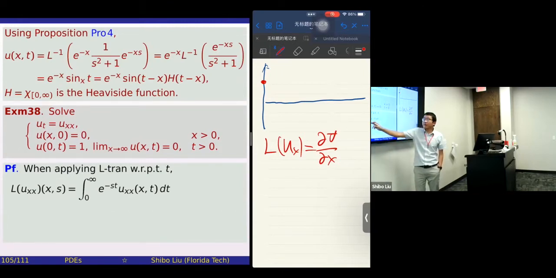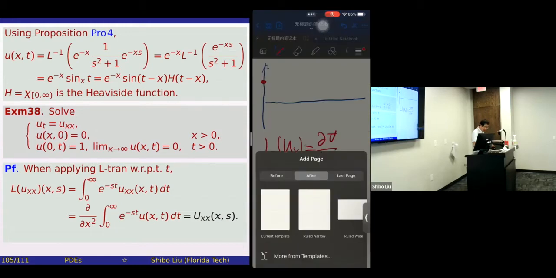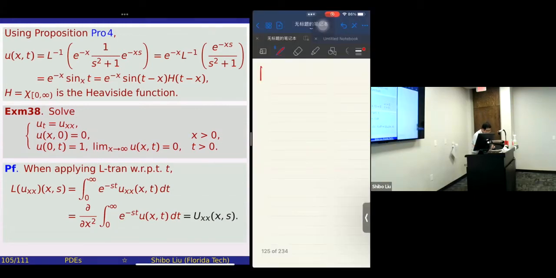Then the derivative with respect to x can be taken out of the integration to get the second order derivative with respect to x of this integral. But this integral is precisely capital U, the Laplace transform of small u with respect to t. Then it is a function of x and s. Then this is the second order derivative with respect to x. Okay, so remember this. I copy this here. L of u_xx equals.